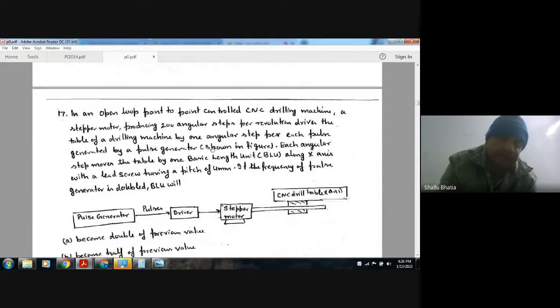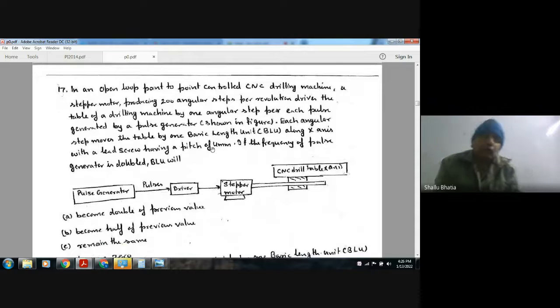Okay, next. In an open loop point to point controlled CNC drilling machine, a stepper motor producing 200 angular steps per revolution drives the table of a drilling machine by one angular step per pulse generated by a pulse generator shown in the figure.